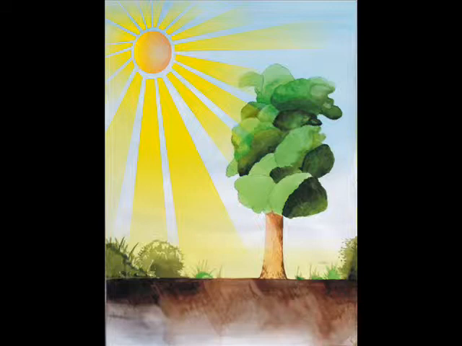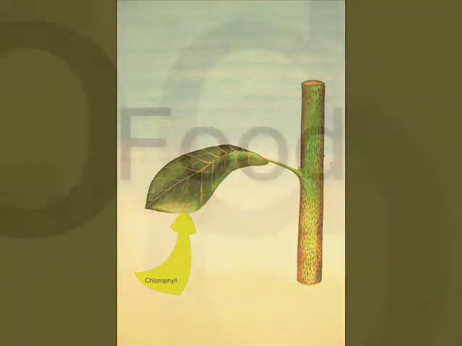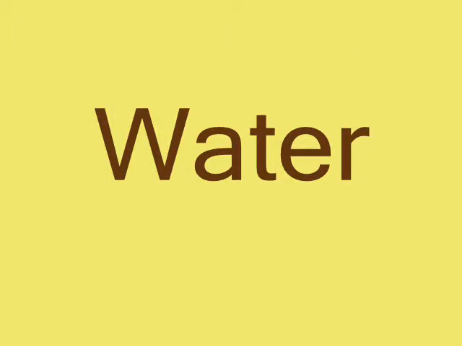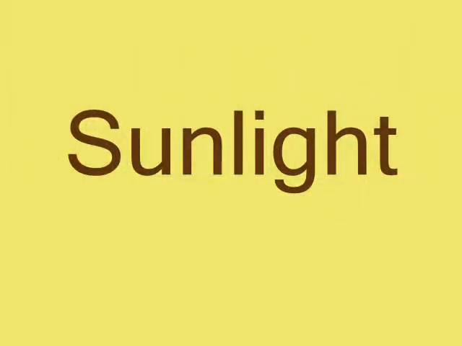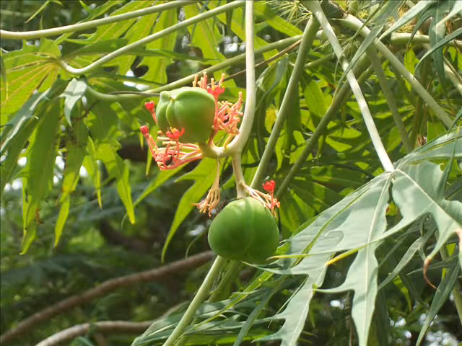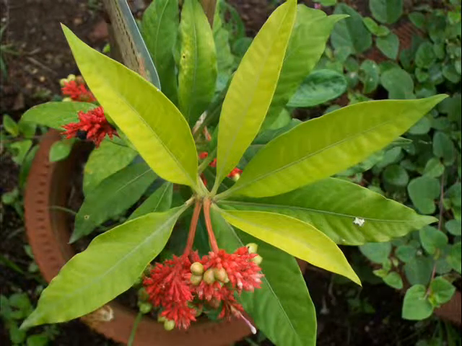The leaves have a green substance called chlorophyll, which helps in the manufacturing of food. In the presence of air, water and sunlight, this food is the primary source of energy which is used by plants.